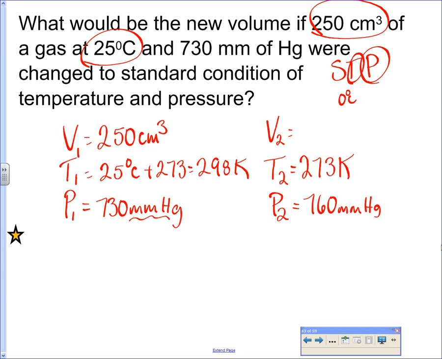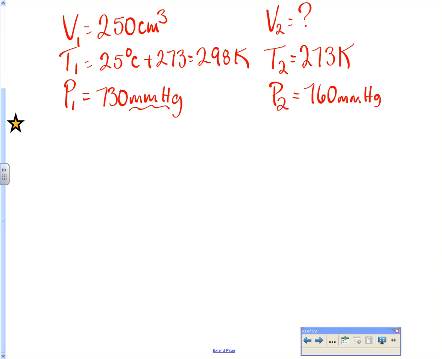What I want to do is figure out what my fractions are, what I have to use. I'm looking for a volume. That's my question mark. So I'm going to start off with my volume, my 250 centimeters cubed.